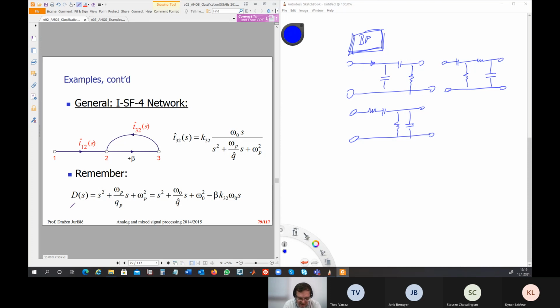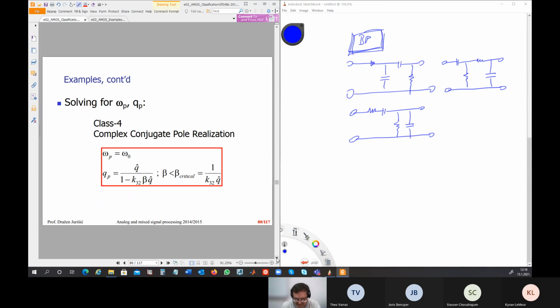Here is how we can calculate the closed loop poles from the open loop poles and the gain beta. So these are the results. Again, what we like is that omega p is independent of beta, but here you see another thing. If this in the denominator equals 0, then you can obtain Q, which is infinity.